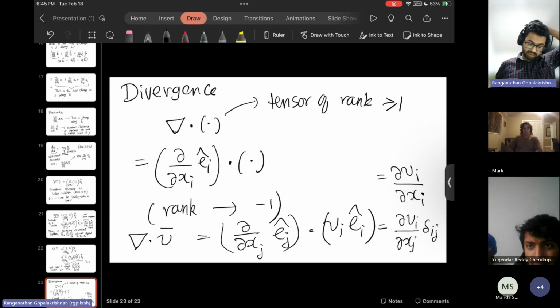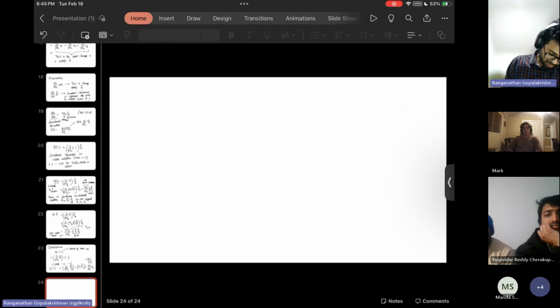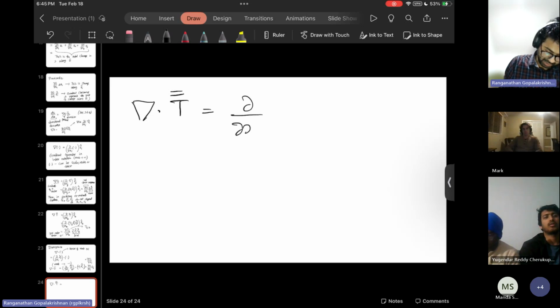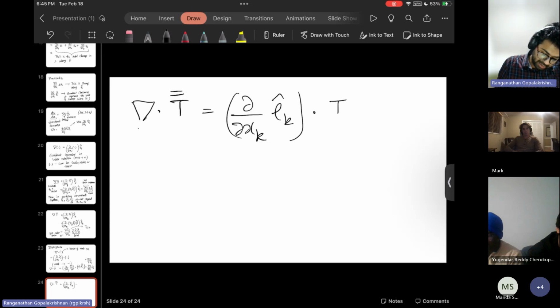This is divergence of a vector, and then we can do divergence of a tensor, which is partial over partial xk ek. See, this practice I want you to get into. That is, if you write an operator, which as we will do later for doing problems, you start with what is the operator dot what is the second order tensor Tij ei ej.